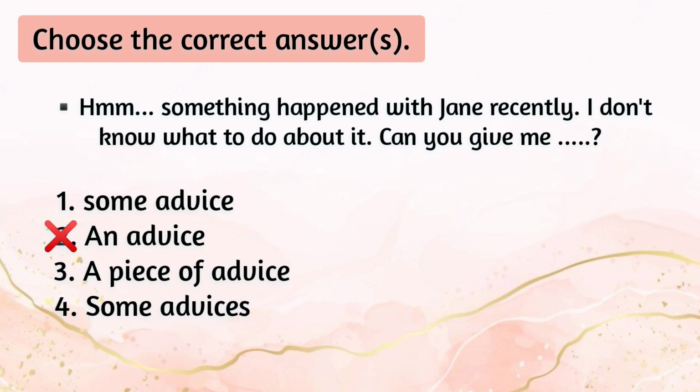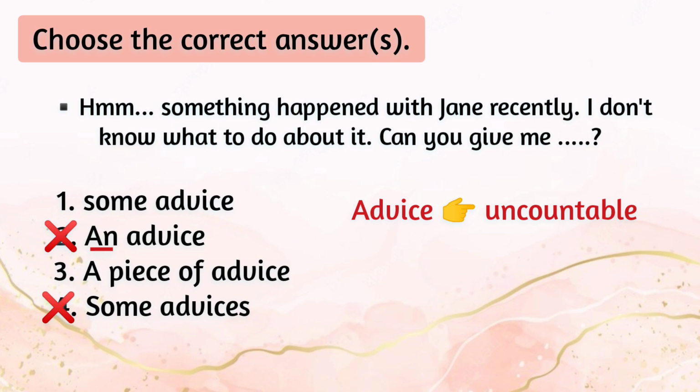An advice, right, because advice is an uncountable noun, so we don't use any indefinite articles. So number 2 is out. Number 4 is also out because advice does not accept plural s. The correct answers are number 1 and number 3. Some advice, a piece of advice.